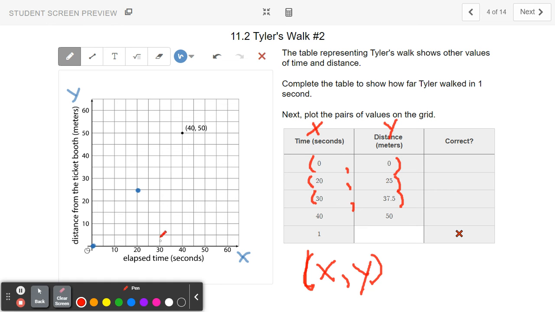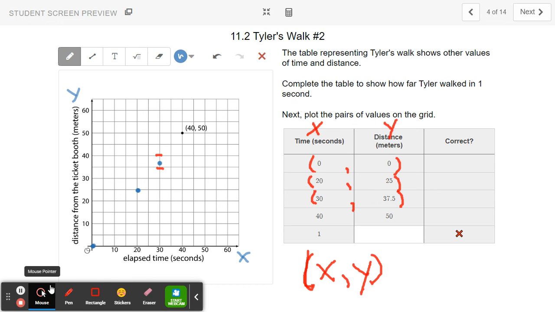So we're starting at 30. Here's 35, and here's 40 on that 30-second time. We know 37.5 is more than 35, so it's above 35, but it's also less than 40. And really, it's going to be somewhere in here. So that's how I plot that point.